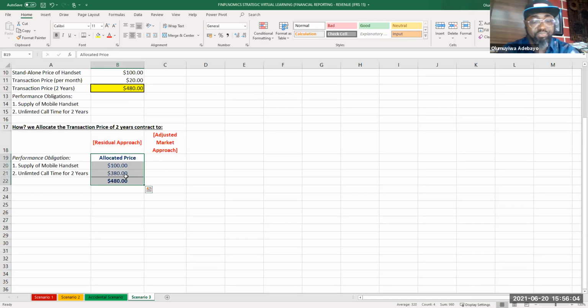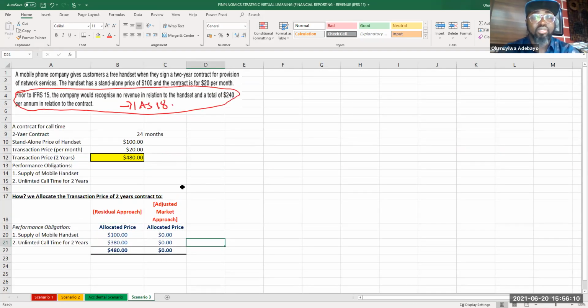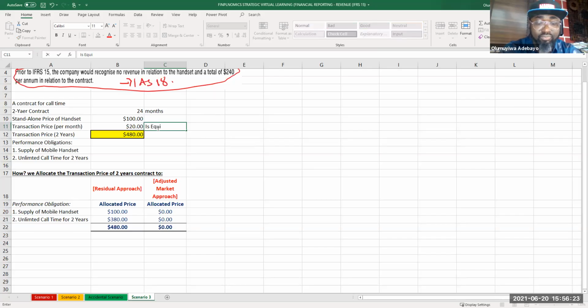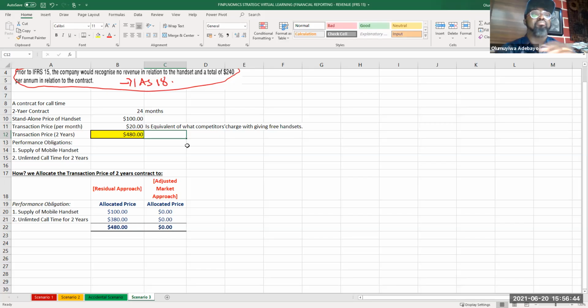The approach is saying that on a normal day, even this $20 is equivalent of what competitors charge without giving free assets, which means that is more or less what the market rate is.